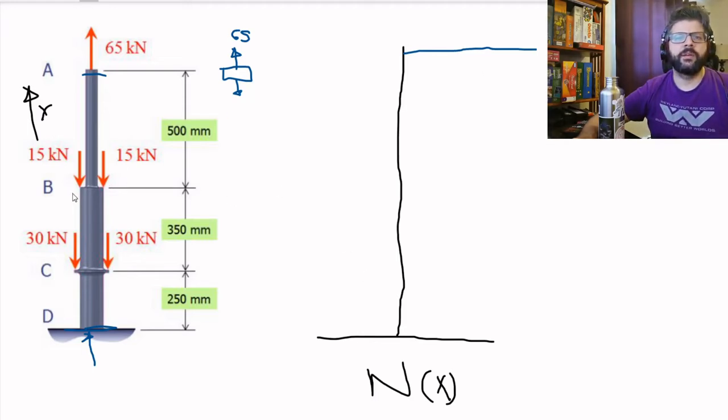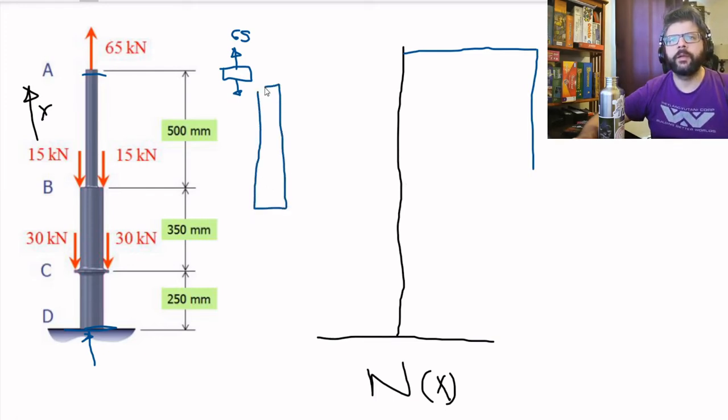And then that'll be constant until we get to this B point. We want to know what happens at B. So if we take a slice here just below B, again, 65 here, got our n on the other end, and then right above that, we've got these 15 kilonewton forces. So I'm just going to replace those with a single 30 kilonewton force.